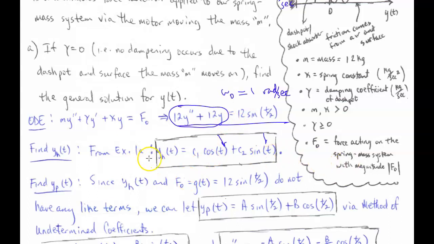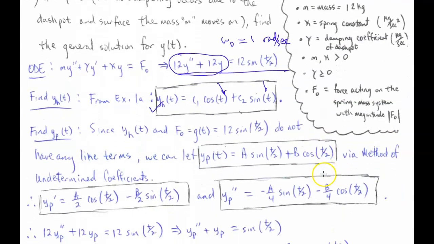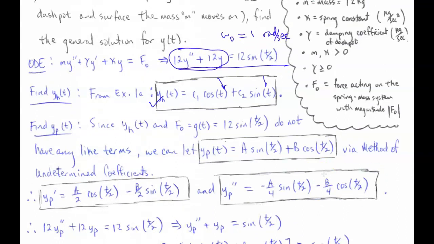Now, we know that the homogeneous solution is the same no matter what. So it's just c1 cosine t plus c2 sine t. To find our particular solution y sub p, we have to compare our force function along with our homogeneous solution.